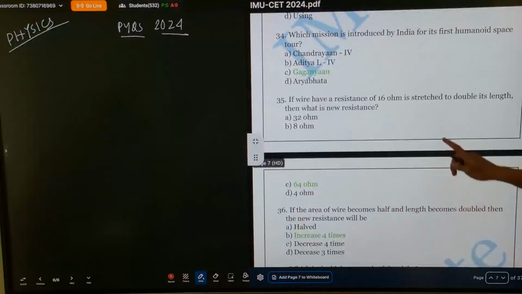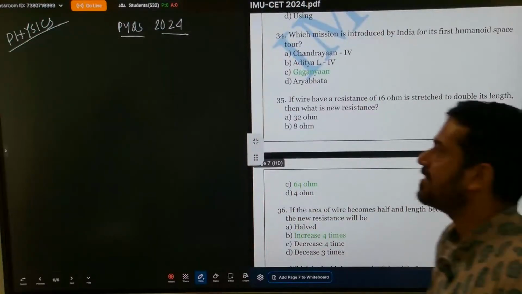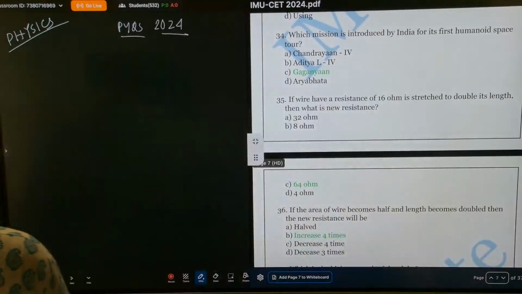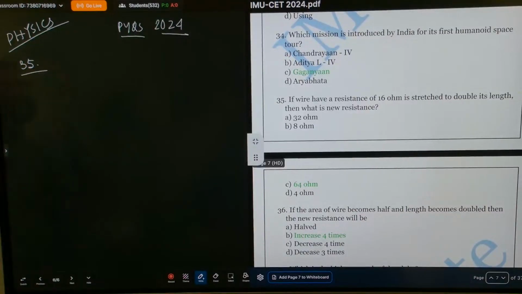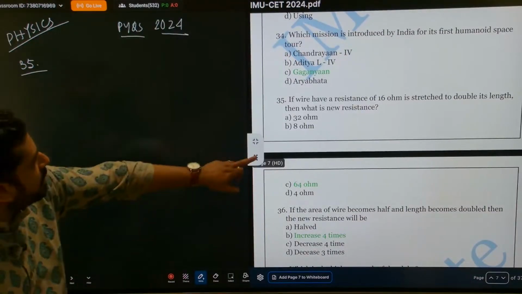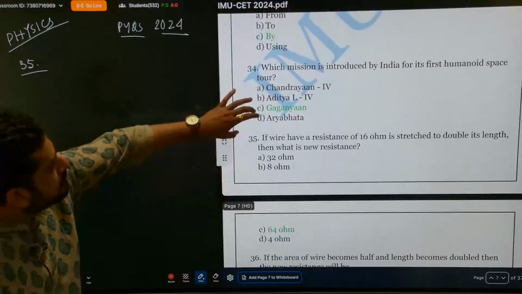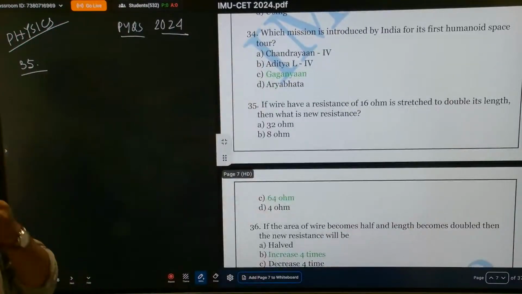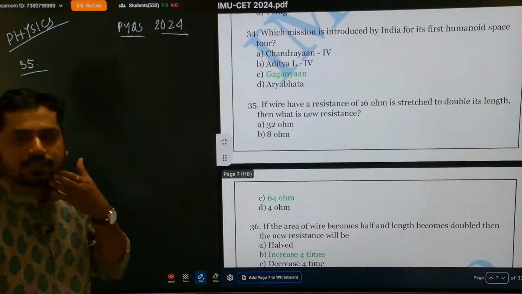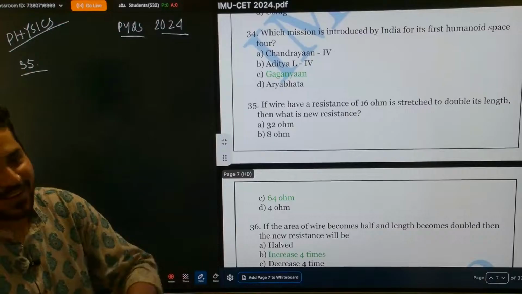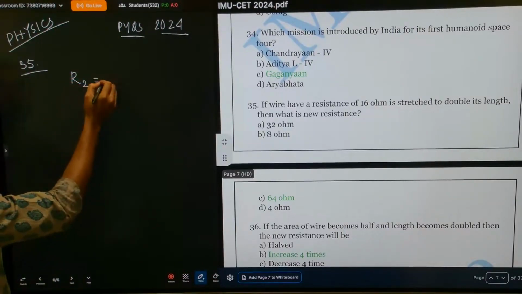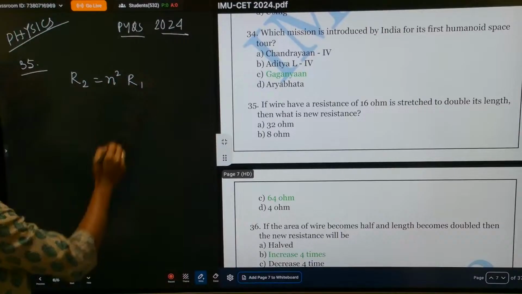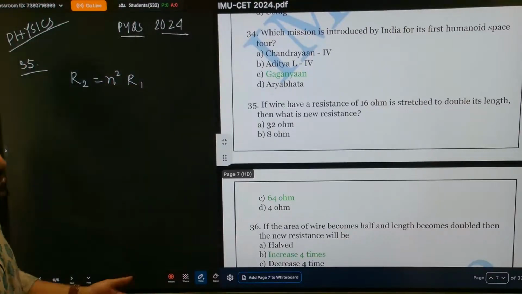35. This is a very interesting question. We get the same question again and again. We'll do this faster. If a wire having a resistance of 16 ohm is stretched to double its length, what is the new resistance? The formula we have is R2 equals N square R1. This is a very easy question.